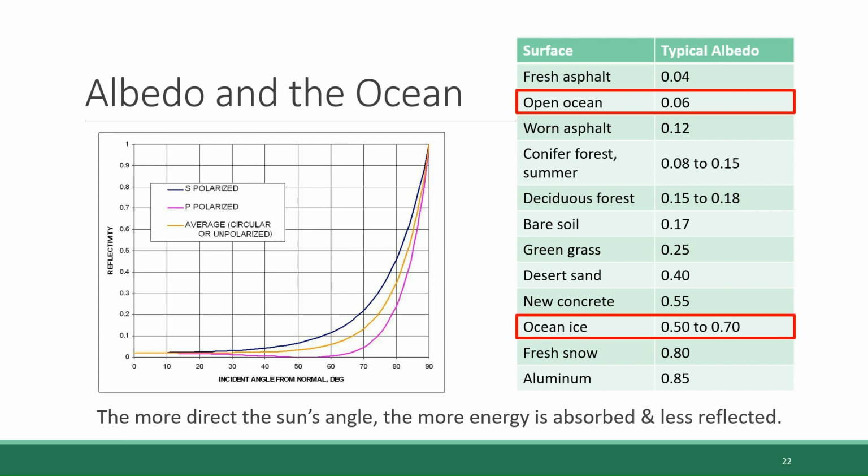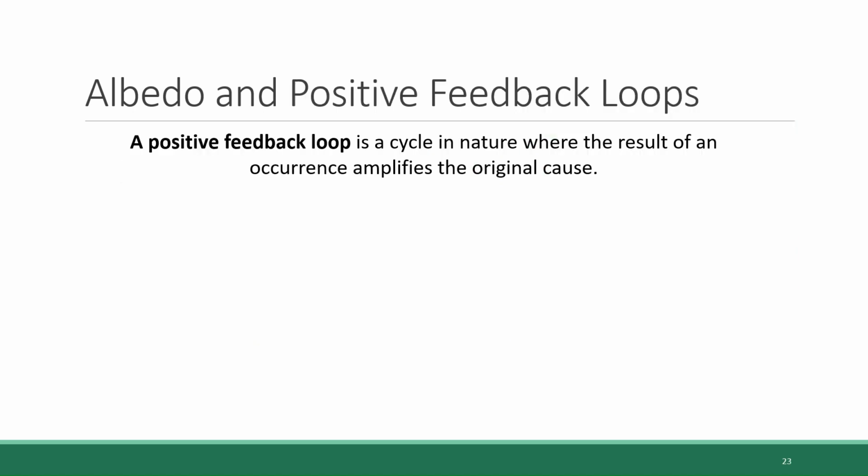And so ice actually pushes more energy out of the Earth's system by reflecting it, compared to liquid water. This is significant because it embodies what we call a positive feedback loop. A positive feedback loop is a cycle that occurs in nature where the result of an occurrence amplifies the original cause.